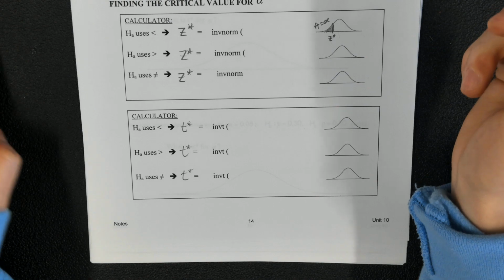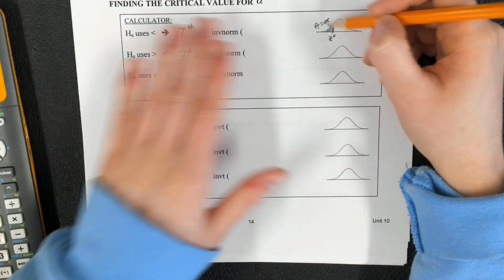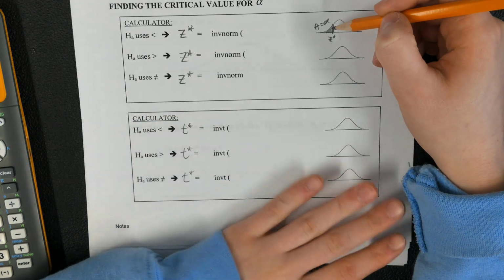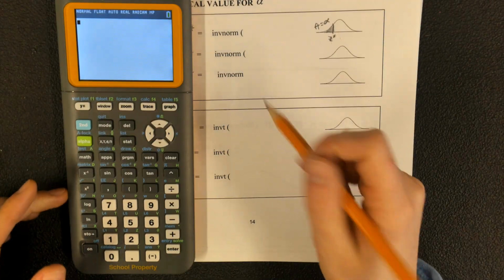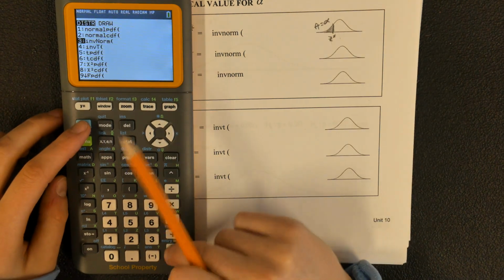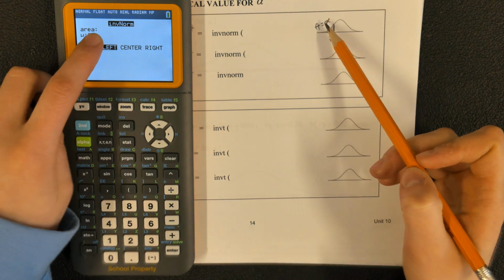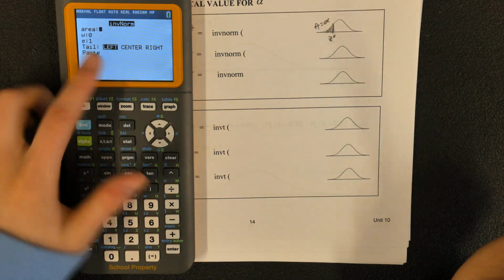How we're going to find the z-star is you're going to have to work backwards and use inverse norm. So again, inverse norm is when they give you an area. We haven't used it in a little while because this is a normal curve. You would type in the area and then you would hit enter and a whole bunch of stuff would pop up with your z-star.